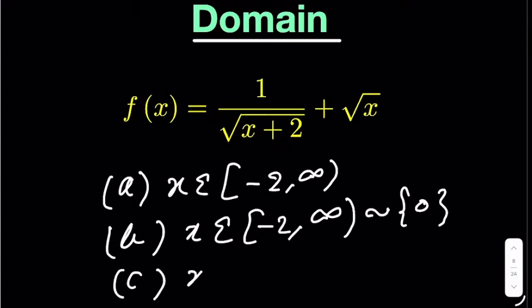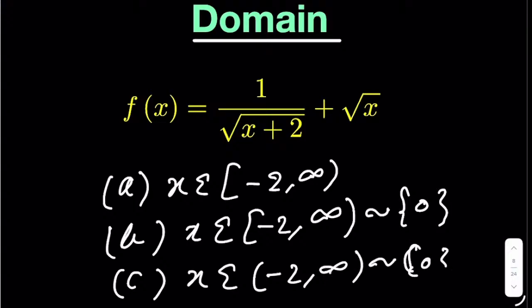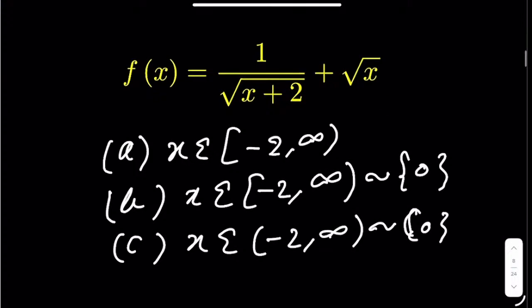Third one: minus 2 to infinity, not except 0. And last one, none. So which option is the correct option? Everyone can find the answer and comment it.